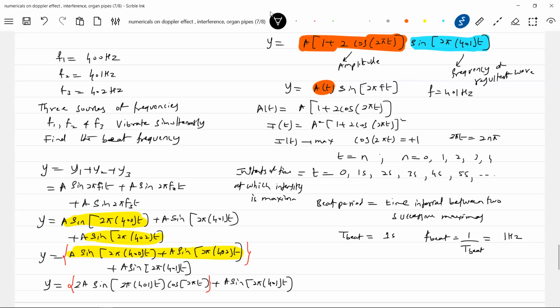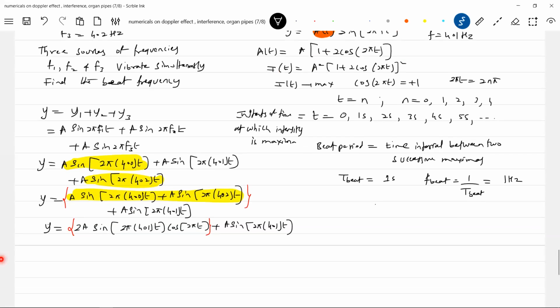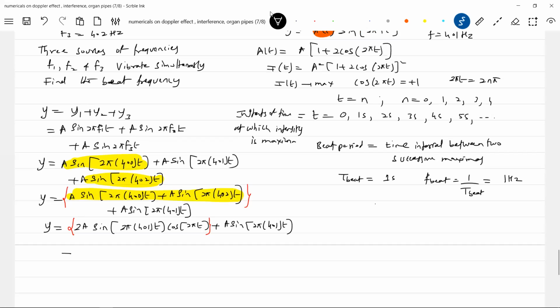Okay, let's do some mathematics. For minima we'll check it, because already we have a lot of content. No, let's explore further. For intensity to be minima, I think I'll go for the next page. For I of t to be minimum, cos 2 pi t should be equal to minus 1.